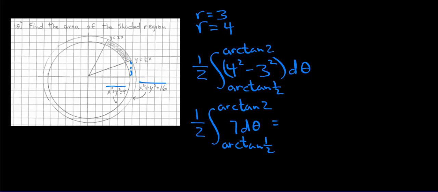So here we have 7/2 theta from arctan 1/2 to arctan 2. And then we would just use the fundamental theorem of calculus for evaluating that, and we would have our indicated area.